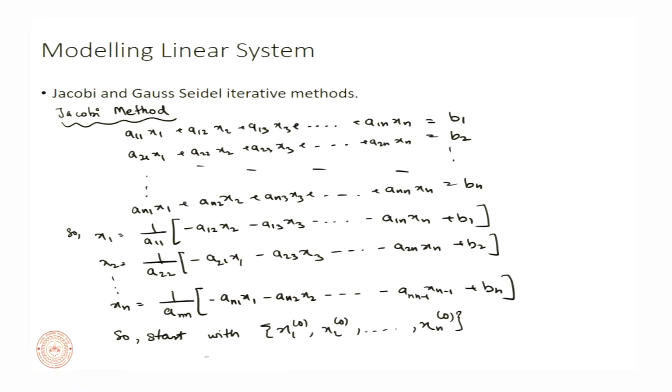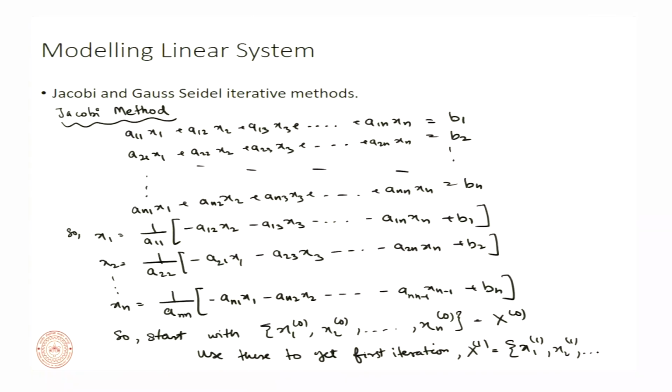Use these guess values to get the first iteration, x of 1, which is x1 of 1, x2 of 1, to xn of 1. Okay, so we have started with the guess value. You can take any guess value. There are certain constraints, but apart from that, you can mostly take any guess value.